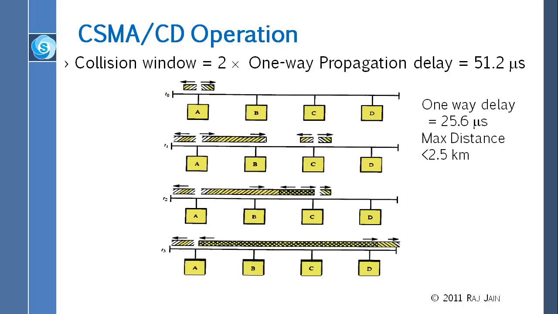Even though station A has started talking, this station thinks the medium is idle because that current has not arrived here yet. So it starts talking, but after some time it notices that it has collided. This one doesn't even know that it has collided.